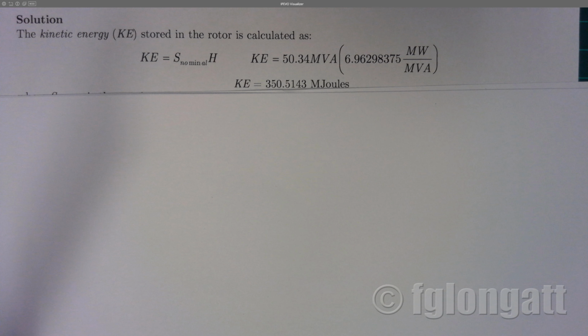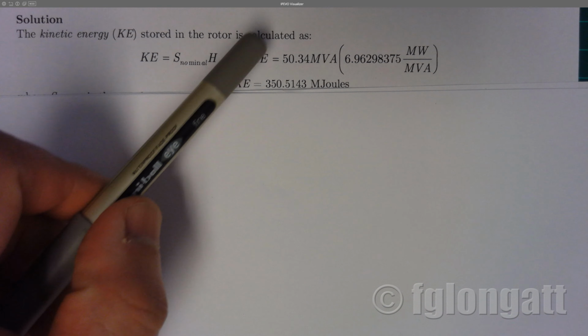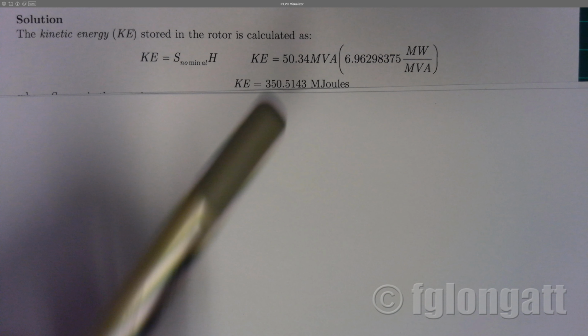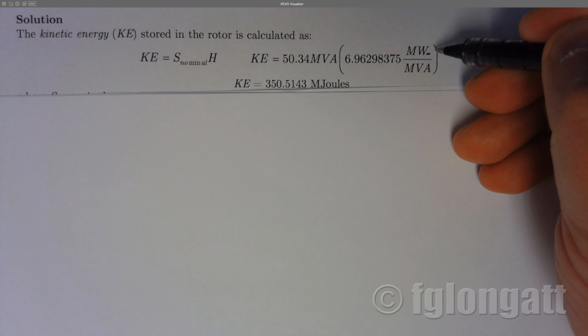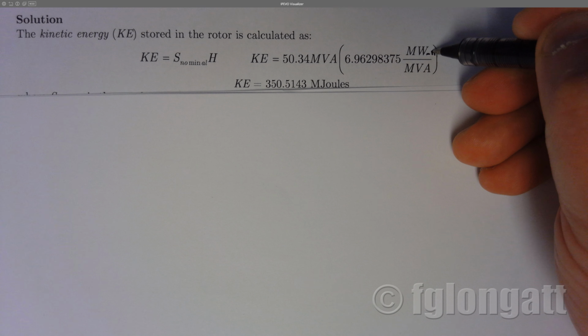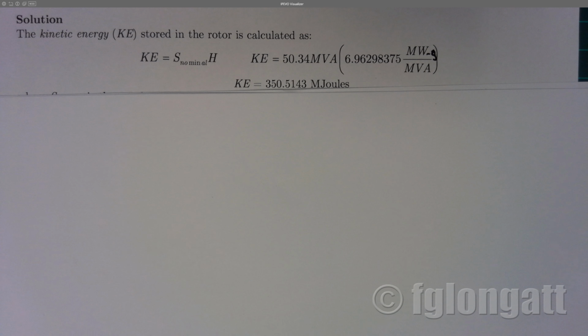Everybody knows that the rated power is 50.34 MVA, and for this specific example the inertia constant is 6.96 megawatts-seconds per MVA.